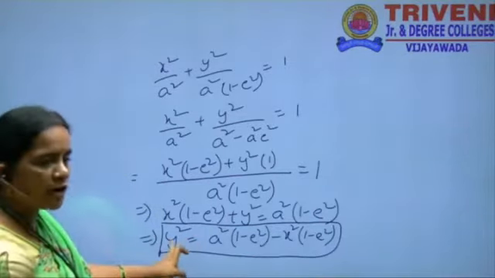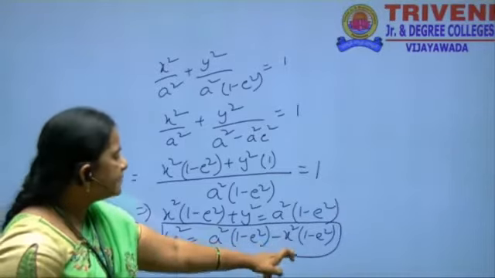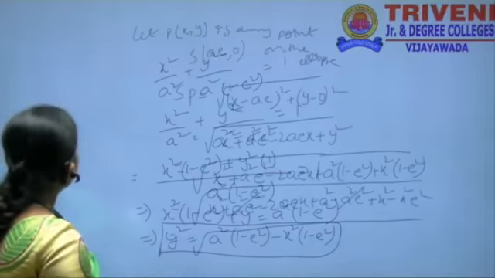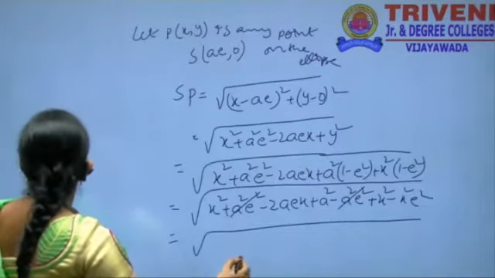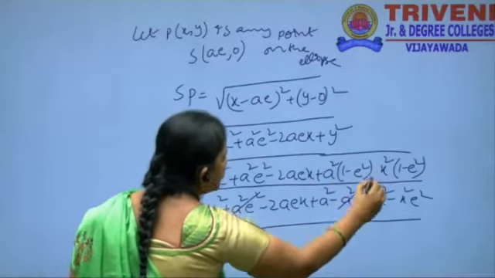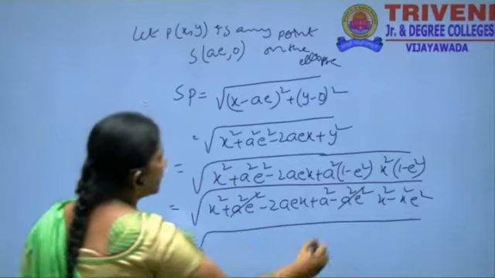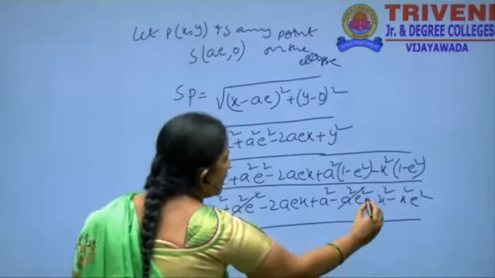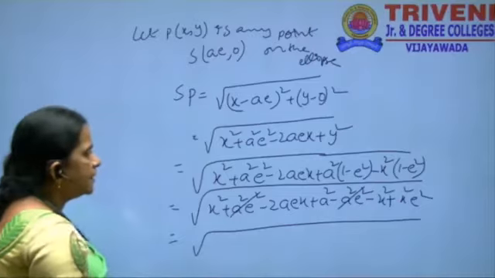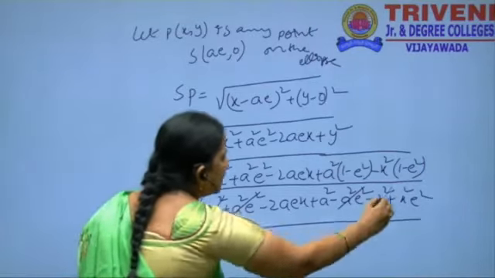Then the value of y square is a square into (1 minus e square) minus x square into (1 minus e square). Substitute here: it is minus x square, here also minus, and here plus, so minus x square plus x square e square. Then x square and x square get cancelled.